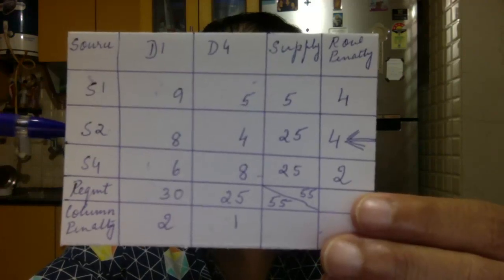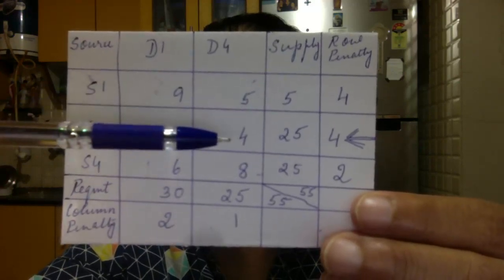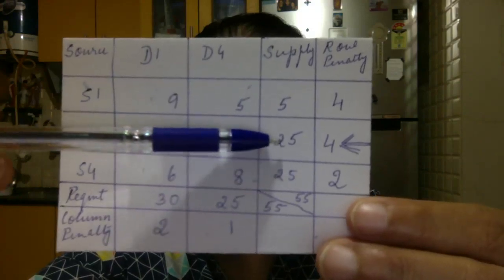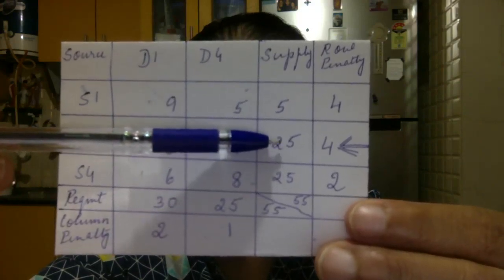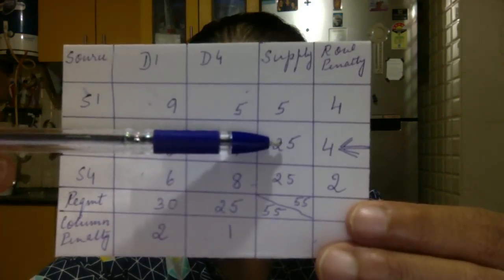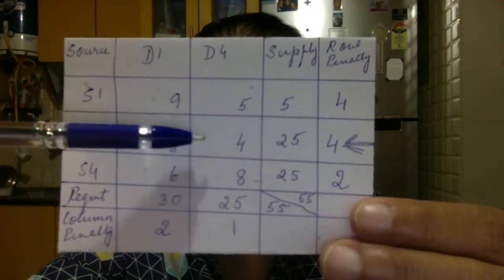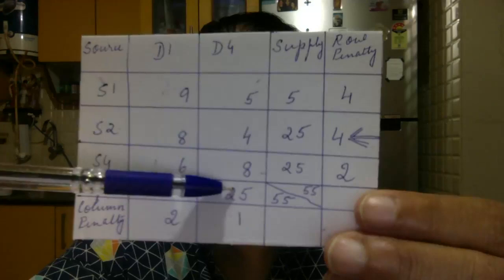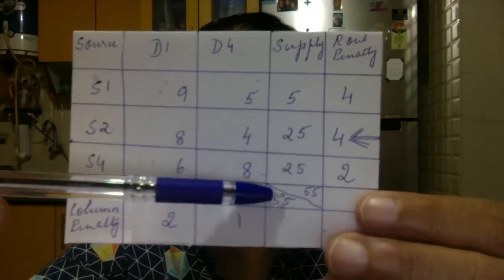Now I'm going to do 4 steps. First step, allot 25 here. I have allotted 25 from here, so I'll strike off 25, make it 0. That is the second step. Third step, I will make this 25 0. Fourth step, I'll make grand total as 30.